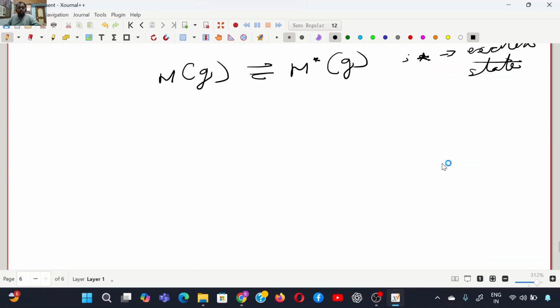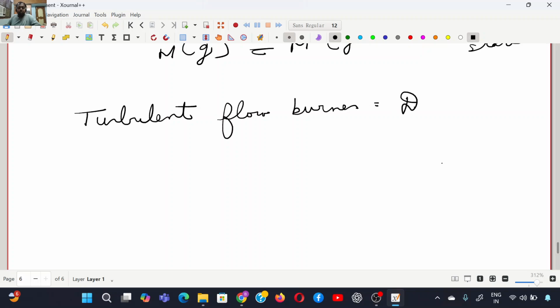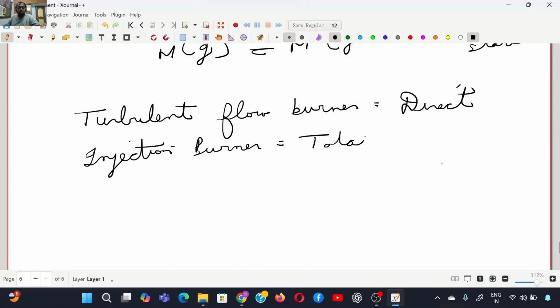So if you come across turbulent flow burner or direct injection burner, just note that they are the same as total consumption burner.